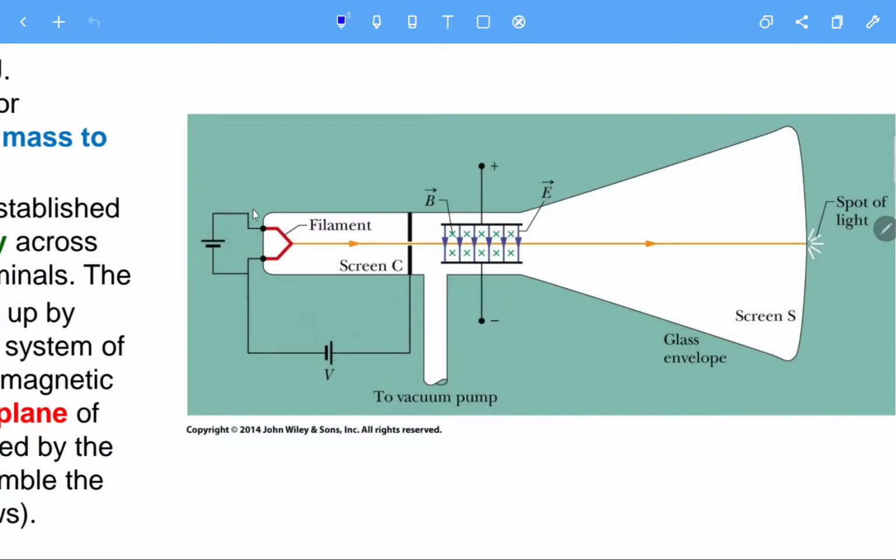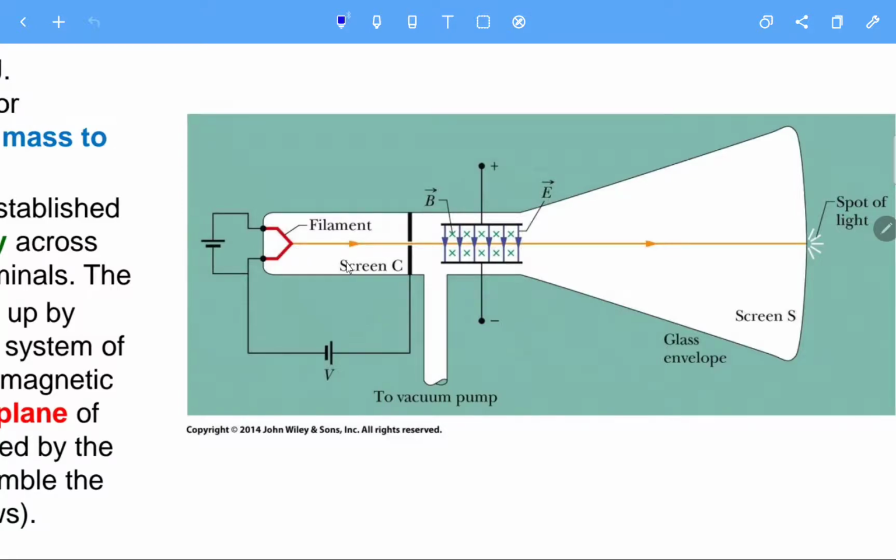And now here, this is a circuit to generate some charge. So this is a battery, and then there will be some charge shooting from here and over this hole, so that we can guarantee the charge is moving horizontally.